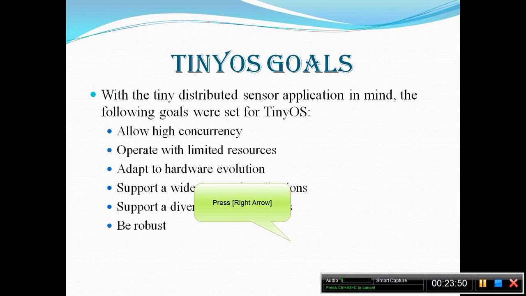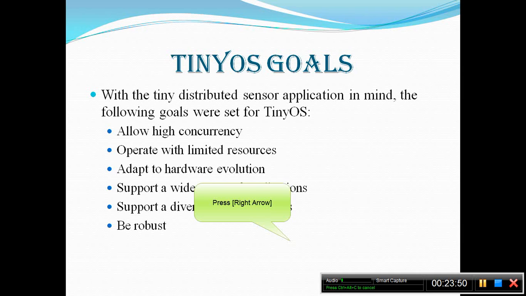The software must make efficient use of the available processor and memory resources while enabling low power communication. Next goal is adapt to hardware evolution. Here, hardware is in constant evolution. Applications and most system services must be portable across hardware generations. So, it should be possible to upgrade the hardware with little or no software change if the functionality is the same.